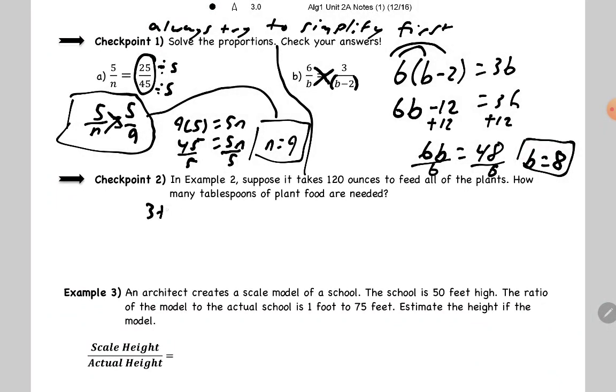And now they want to know, if I have 120 ounces, let's just say 16 ounces and 120 ounces, how many tablespoons for 120.